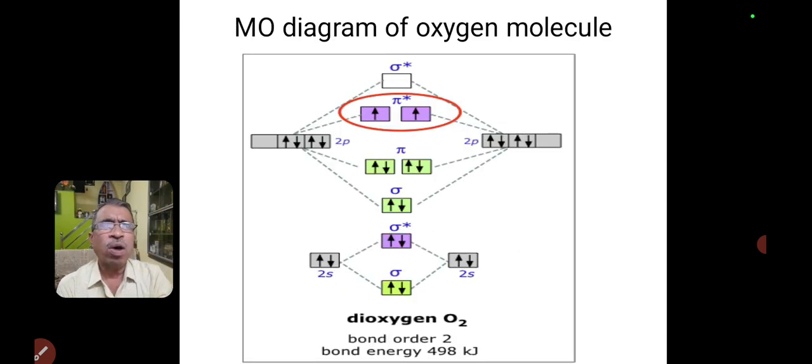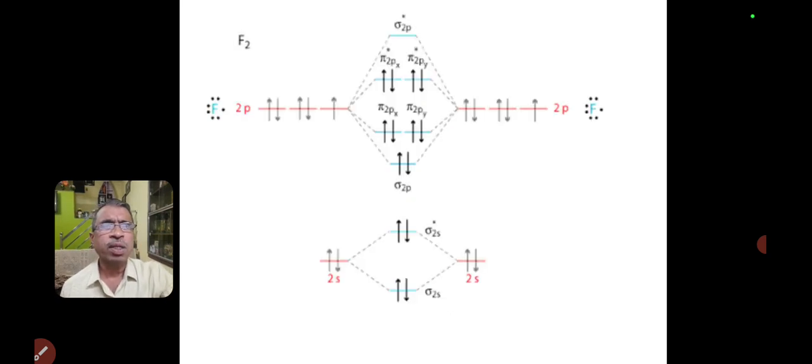Now this is the molecular orbital diagram for the oxygen molecule, which shows the two unpaired electrons. So the oxygen molecule is paramagnetic in nature, and here the sigma 2pz molecular orbital has lower energy than the pi 2px and pi 2py molecular orbitals, whereas for species lighter than oxygen, the sigma 2pz molecular orbital has higher energy than the pi 2px and pi 2py molecular orbitals.